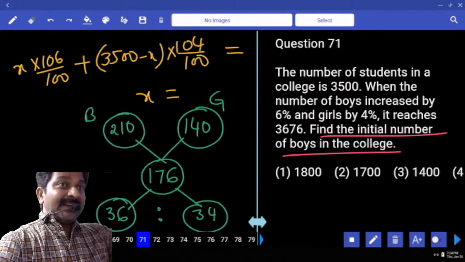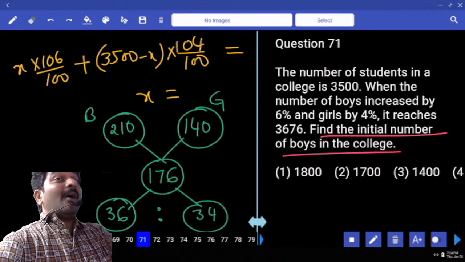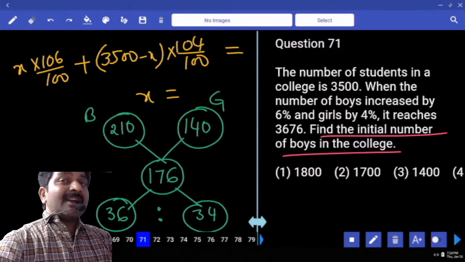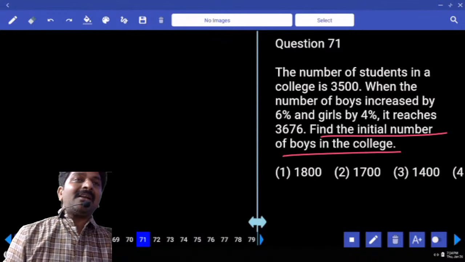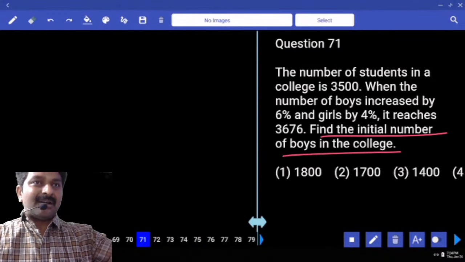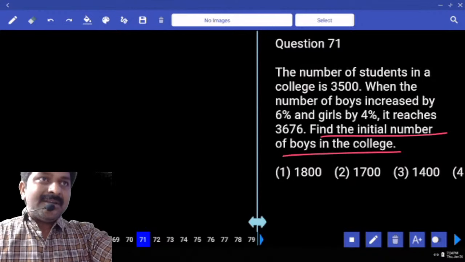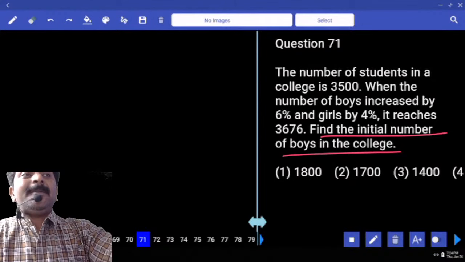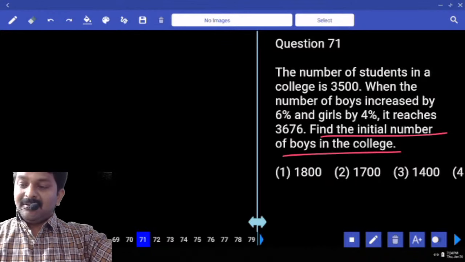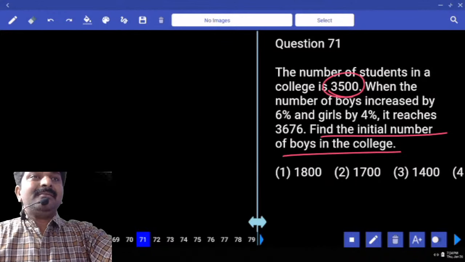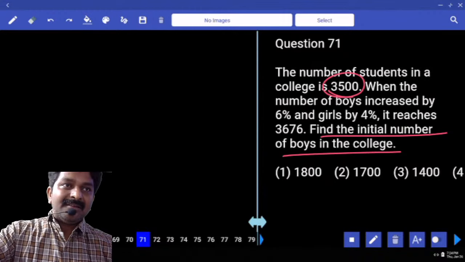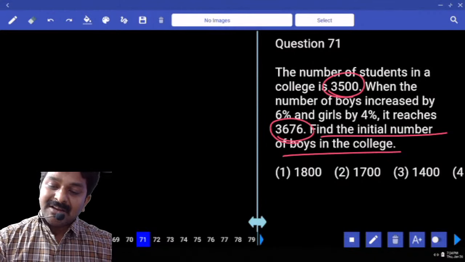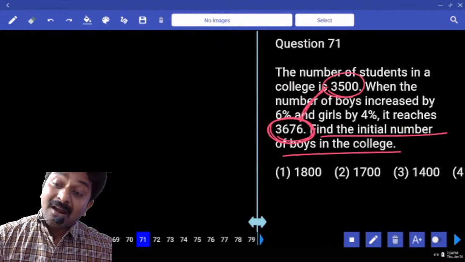If you want to count how many girls are there, you need to start with there are no girls. Now the question is about boys, so I'll start with there are no boys at all. Then all are girls only. Girls count increases by 4%. What is 4% of this number? 140. So there has to be a 140 increase only. Now observe the actual numbers. How much increase already happened?